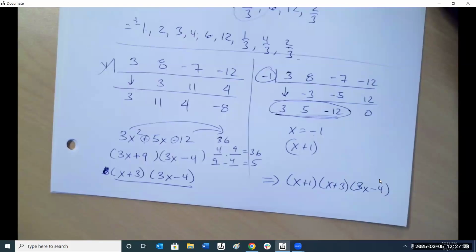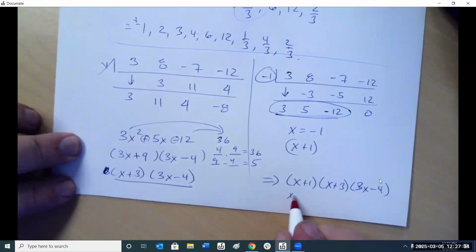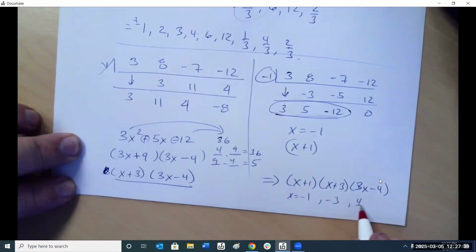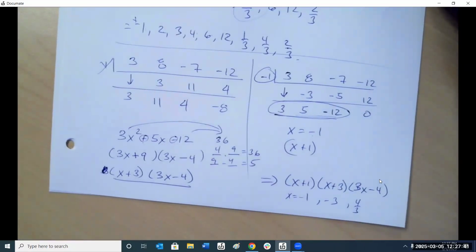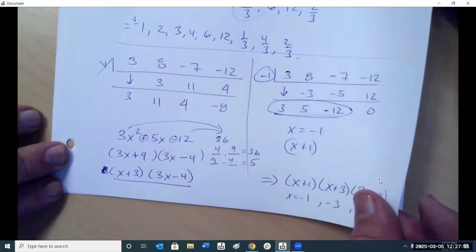The x plus 3 would be your other negative. Yeah, so this one would be a -1, a -3, and a positive 4/3. So those are your answers. So everything's zeroing out like it's supposed to. But so far, these have been pretty easy. Degree 3. Let's jump into the next one.